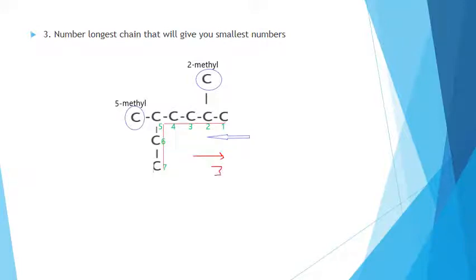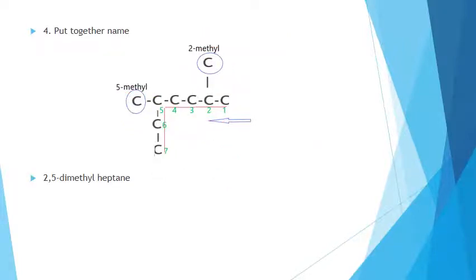And going this way, it'd be 2, 5. All right, so we're going to go this direction here for the numbering. So this is 2 methyl, 5 methyl. All right, so then you put it together. So you have 2 methyls, so it's going to be 2,5 dimethyl heptane.